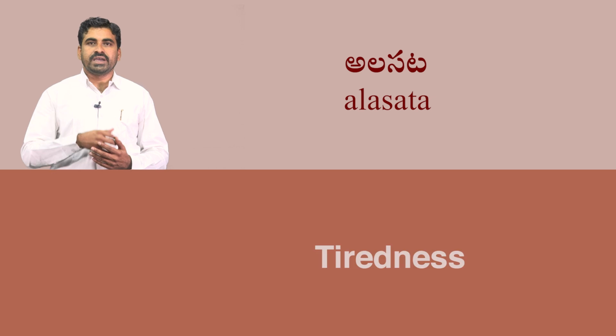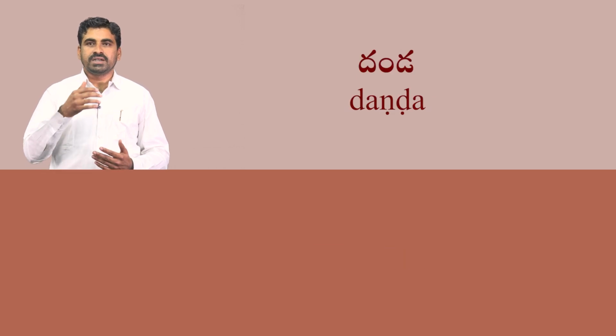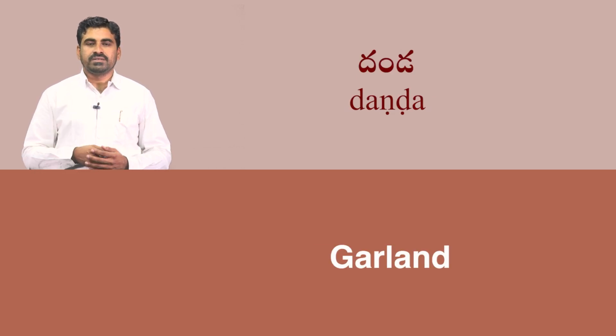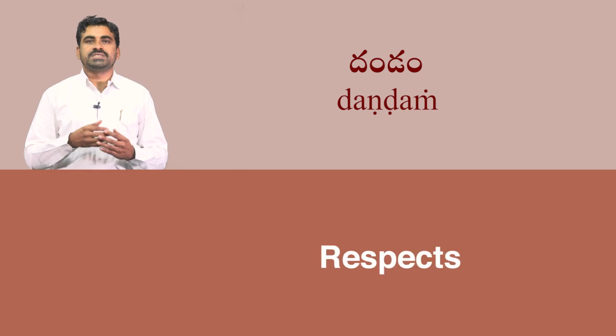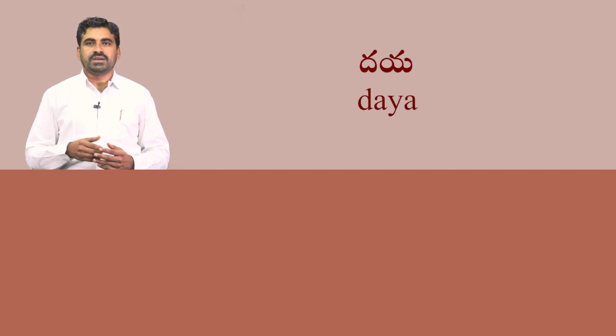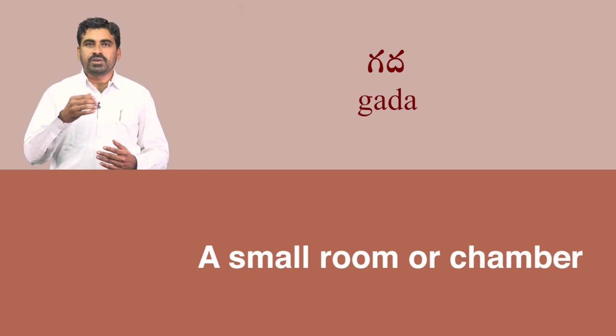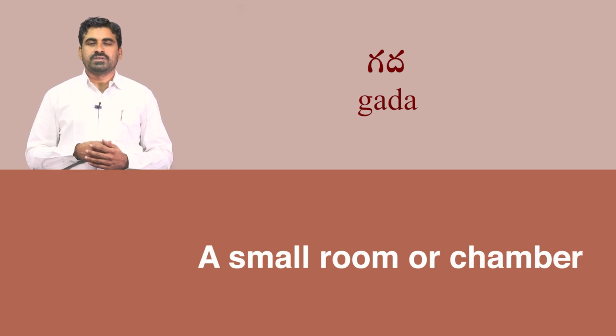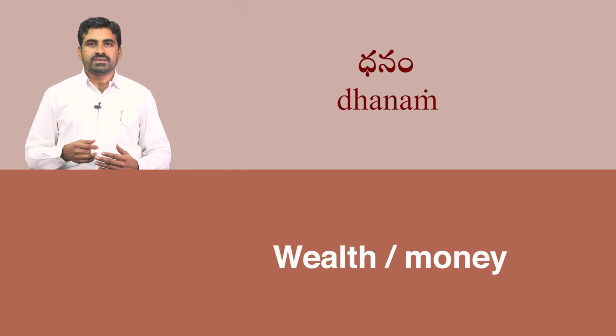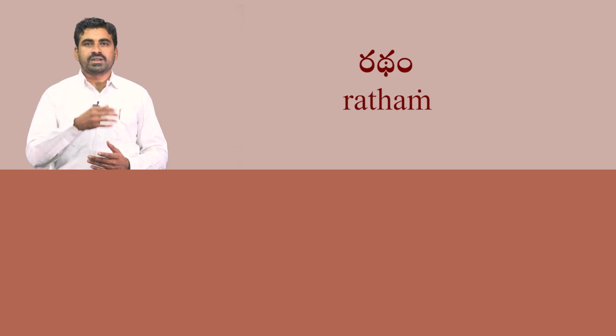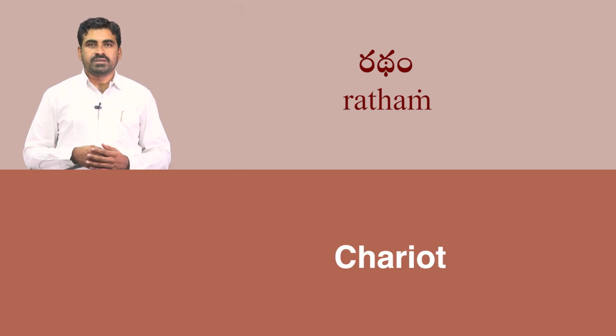Alasata, tiredness. Dhanda, garland. Dhandam, respects. Daya, mercy. Gada, a small room or chamber. Dhanam, wealth or money. Ratham, chariot.